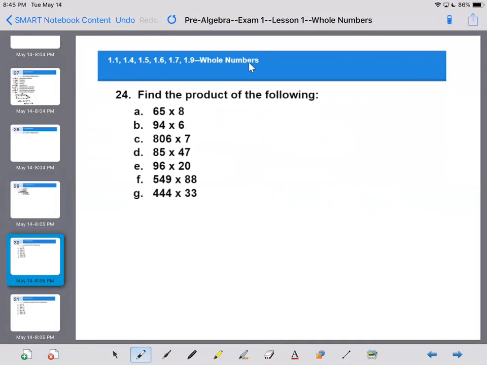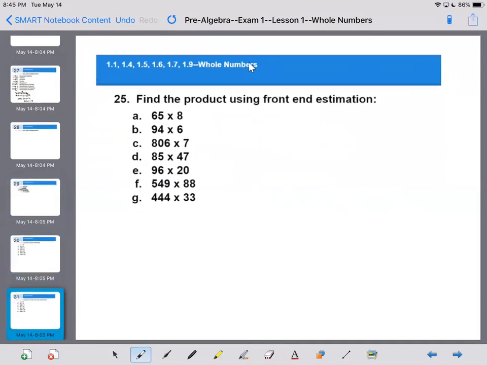All right, so if I want you to find the product, I want you to think about using front-end estimation. So 65 and 8. Well, let's just make that go to 70, and then we'll just stay with 8.